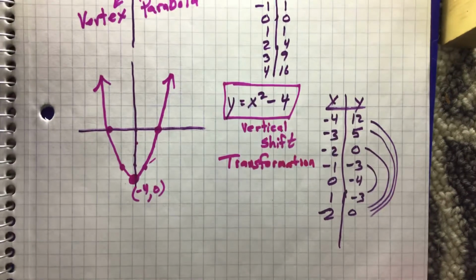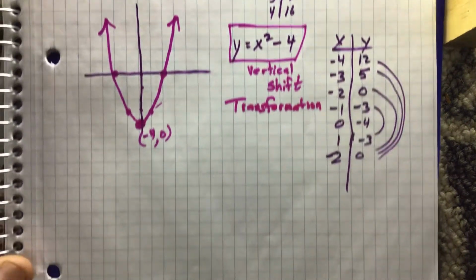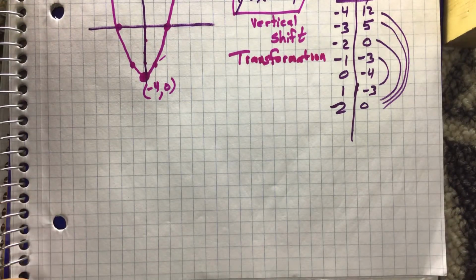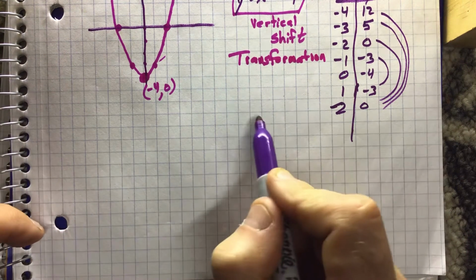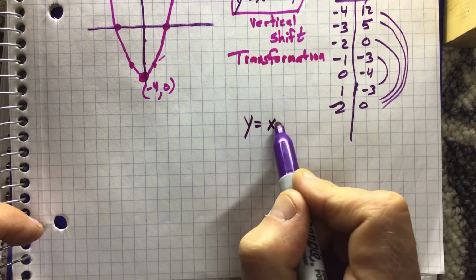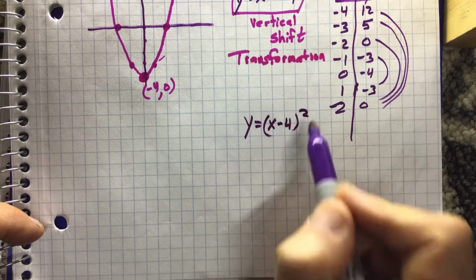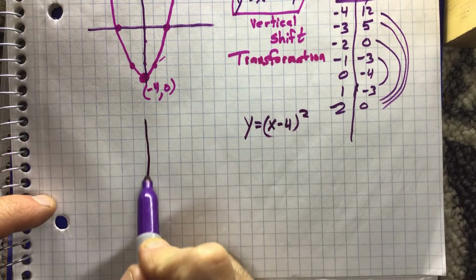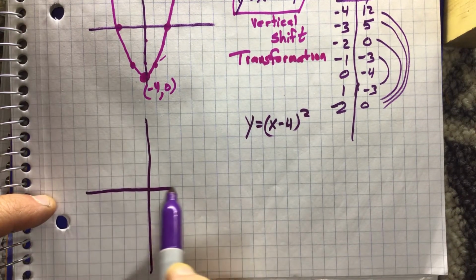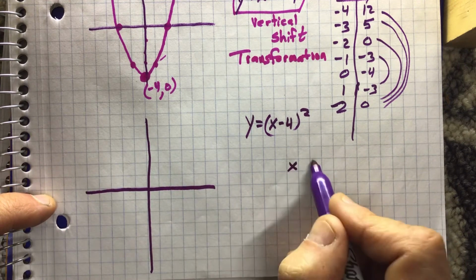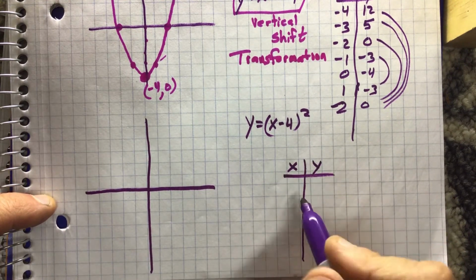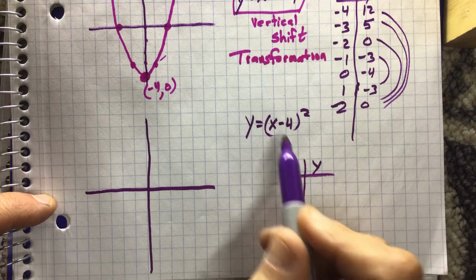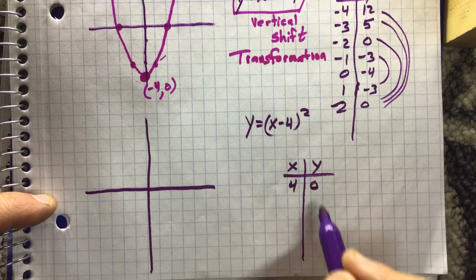Okay, and I think maybe very quickly here, where am I at, 5 minutes? If I did y equals x minus 4 squared, this is different. That's a different kind of transformation. If I make a table, if I plug in 4, 4 minus 4 is 0.